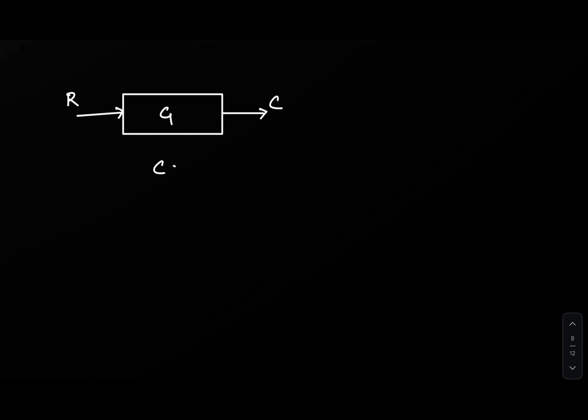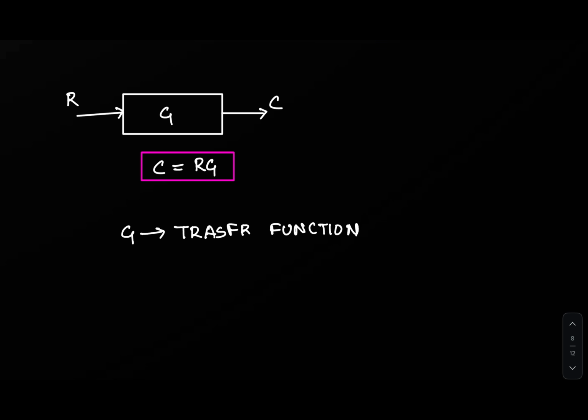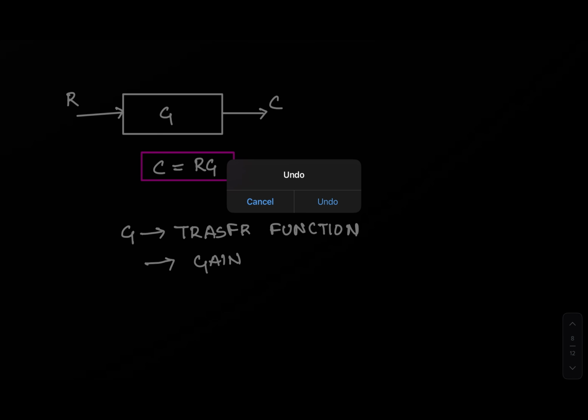So here my output will be c is equal to r g. C is equal to rg. Here g will be my transfer function and g is also my gain. So these are the derivations that we can follow.